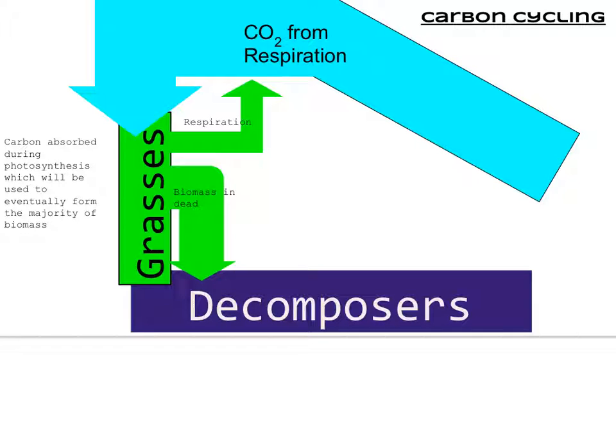Now, decomposers only have mitochondria, and as we said, that's an organelle inside them. If the decomposer is a bacteria, it won't have that organelle, the mitochondria, because it's a prokaryote, if you remember. But they will still respire CO2 back into the air when eating that grass's biomass.